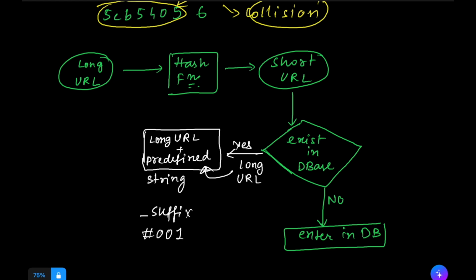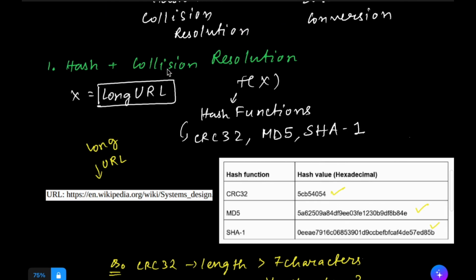We append it to the long URL and again recursively put it into the hash function to generate a short URL, and we do it until we get a unique short URL value for this corresponding long URL. In this way we deal with the collision for hashing plus collision resolution.